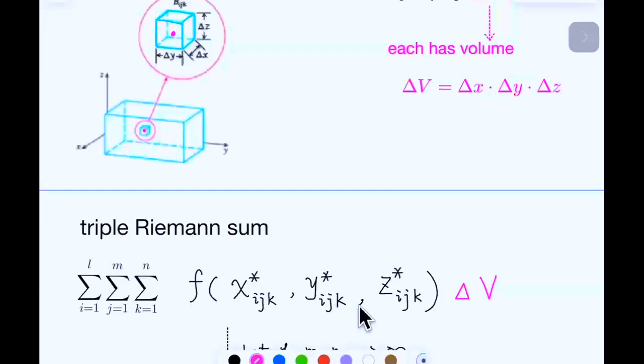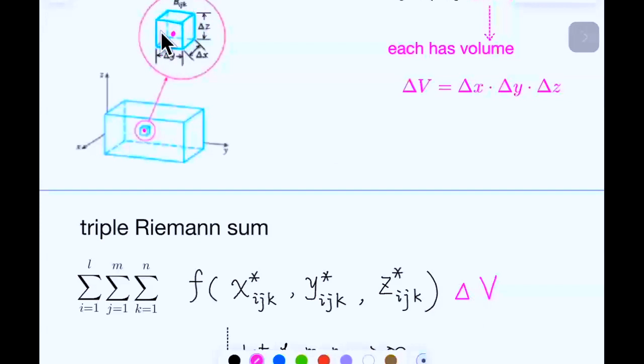We can use this function value to represent the function value in this box, and multiply it by the volume. That will be an approximation to the integral over this box.